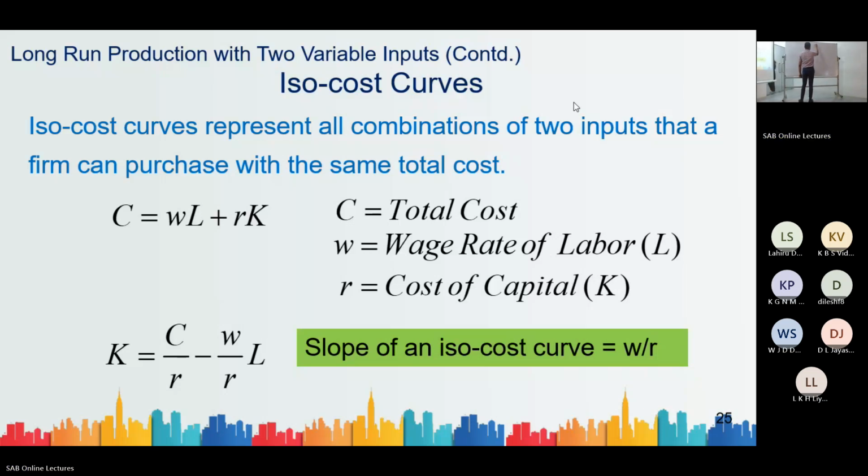An iso-cost curve shows all possible combinations of 2 inputs that cost the same amount.